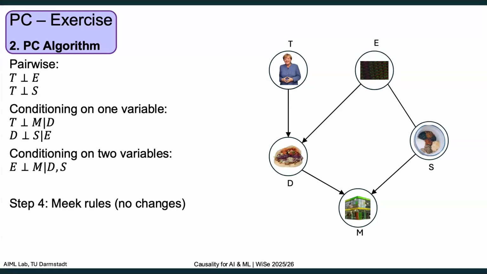So given a total ordering, things become much easier, right? Because if you're given this list, you actually don't need to apply all these rules, because for every variable in this total causal ordering, you just check: does S come before M in this order? Does T come before D in this order, and so on?